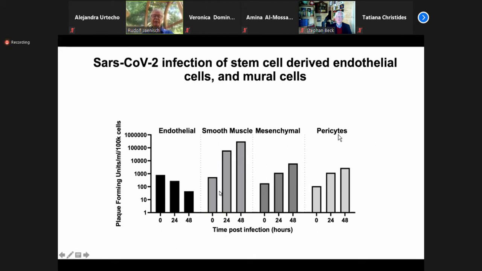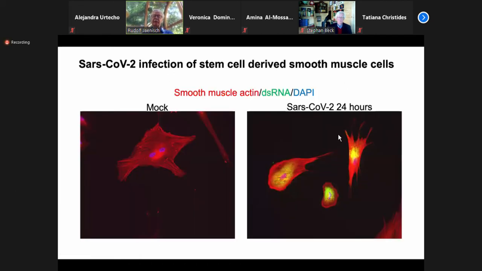But smooth muscle cells really replicate the virus. That's really the logarithmic scale. Mesenchymal cells do also replicate virus, less so, and pericytes do. So smooth muscle cells. When you look at those, this would be a non-infected smooth muscle cell, and this would be infected ones.